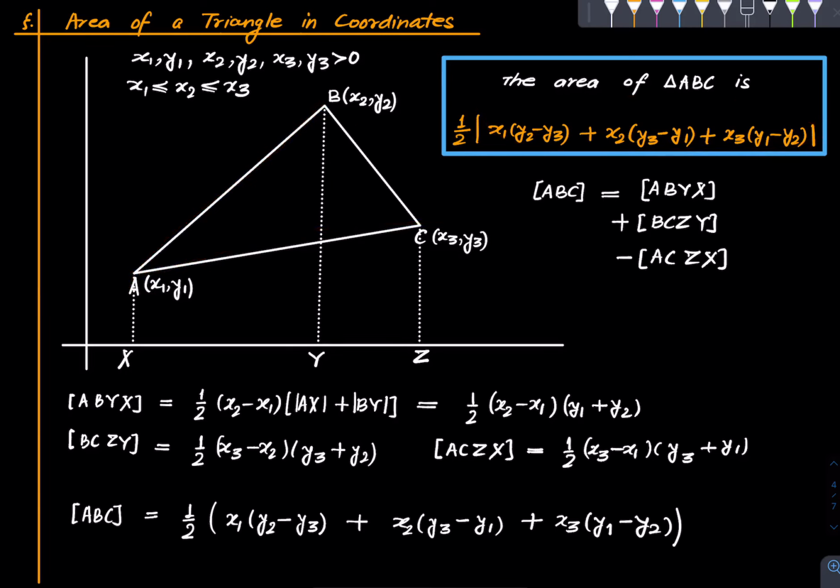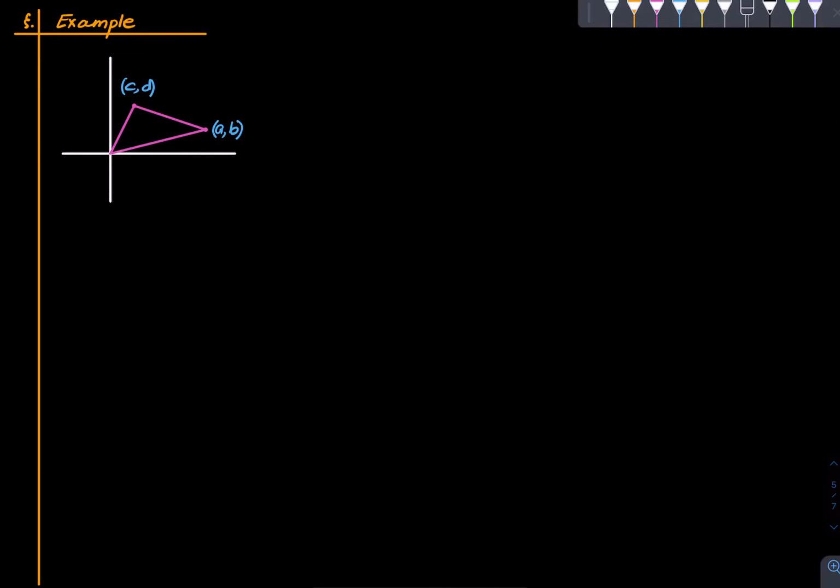Okay. Here is a simple example, a special case. Our triangle is such that one vertex is at the origin. So let's say these three are the vertices and A is at the origin. What is the area of this triangle? This is half of the absolute value of x1, which is the coordinate of A, times y2 minus y3.